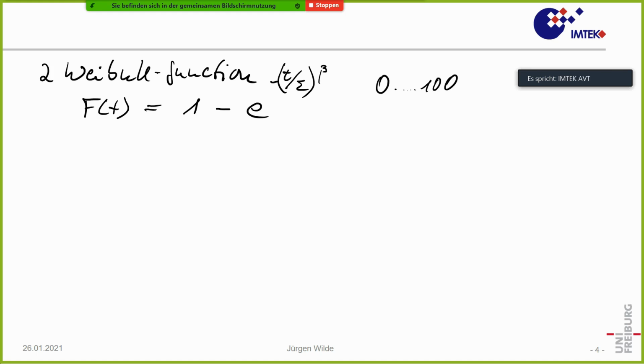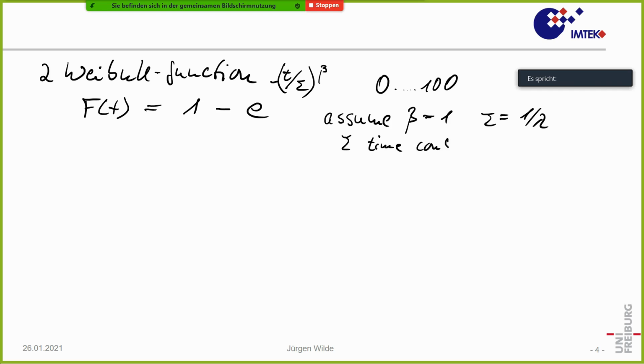What's the meaning of the time constant? The time constant is just the inverse of the failure rate in the case where that exponent beta is just 1.